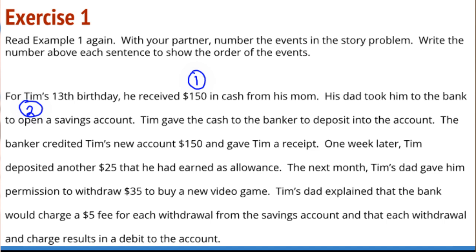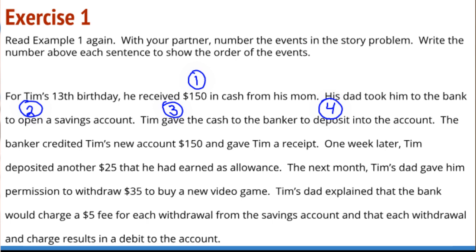Tim gave the cash to the banker to deposit into the account. So he's giving the cash, and then the banker is going to deposit. The banker credited Tim's new account $150.